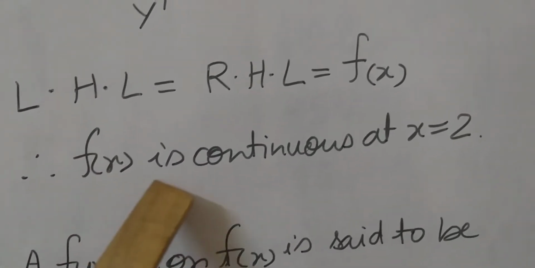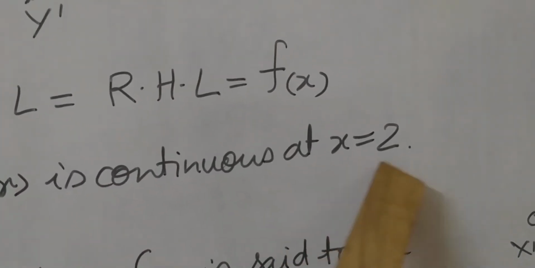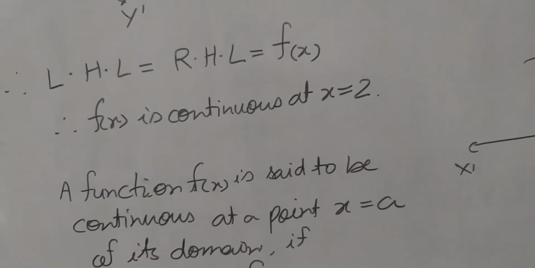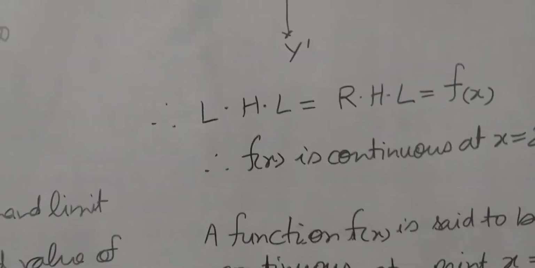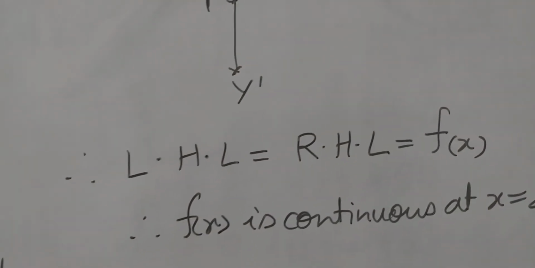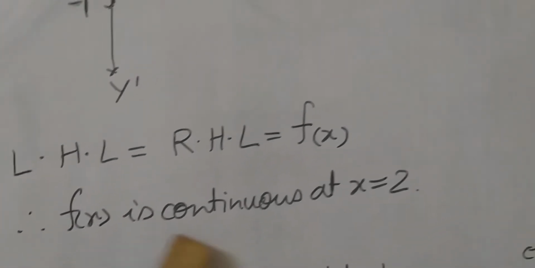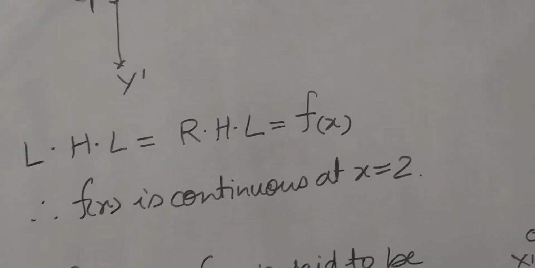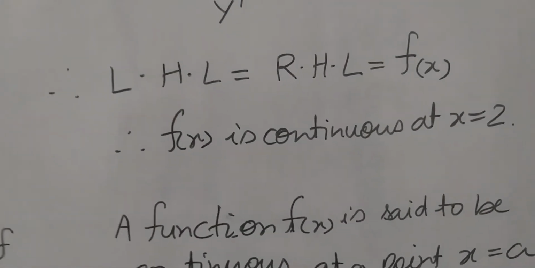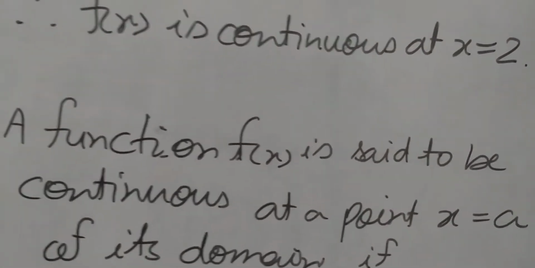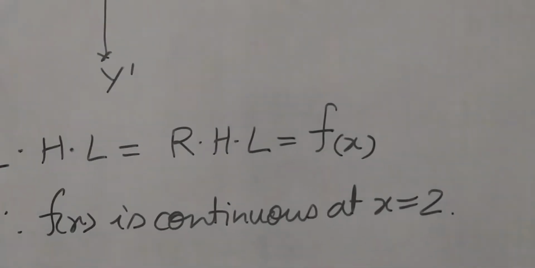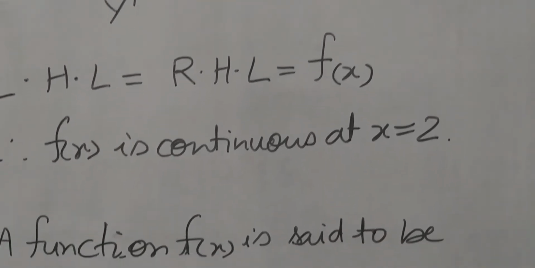So it is known that the function is continuous at x equal to 2. By the help of limit, we can easily find out whether the function is continuous at x equal to 2.